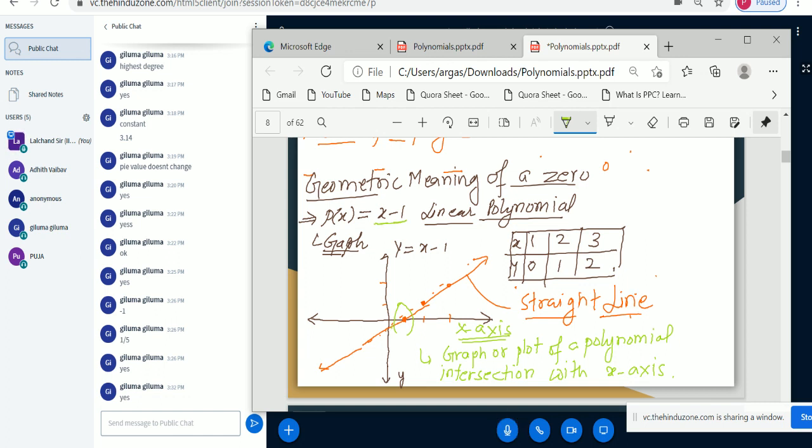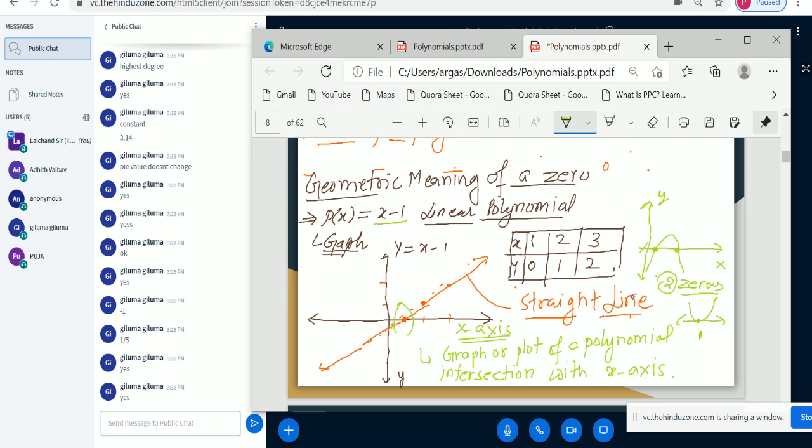If a quadratic polynomial, let's suppose some kind of plot like this, is intersecting with the x-axis, here is the y-axis and this is our x-axis. It is intersecting twice. So here there are 2 zeros for this polynomial. Okay. If some curve just touches the x-axis, like this kind of situation, here also a zero is present because it is also some kind of intersection basically.